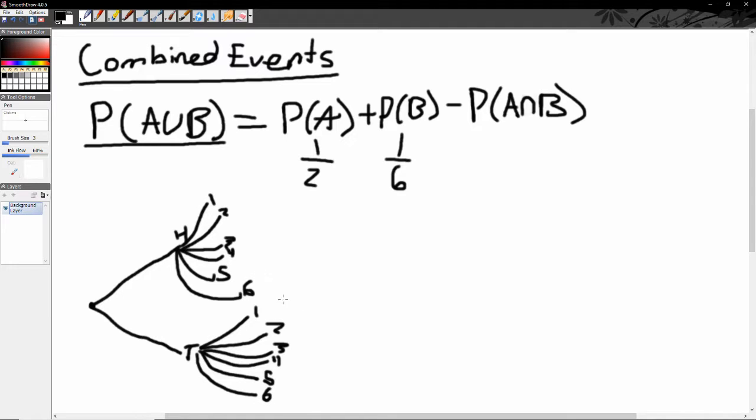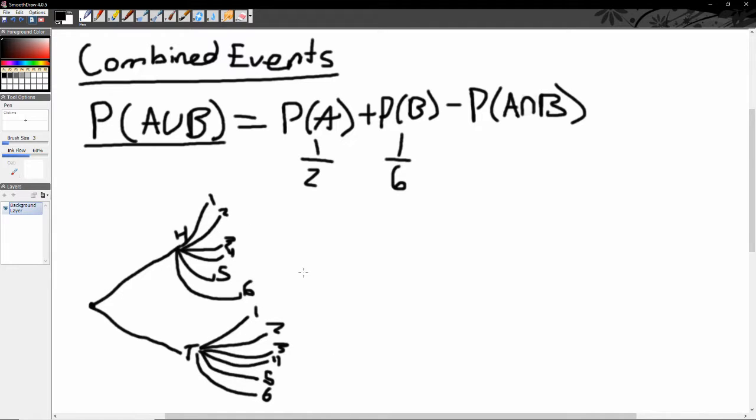Now what the tree diagram does is it captures all possible outcomes of your 2 combined events, because it captures if you got a heads or tails, and then from there, what number you got on the die. So this last row here will contain every possible outcome of these 2 events. If you count up the number here, it's 1, 2, 3, 4, 5, 6, 7, 8, 9, 10, 11, 12.